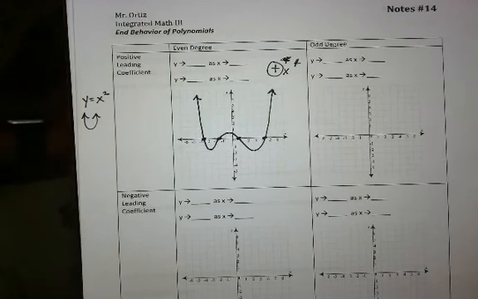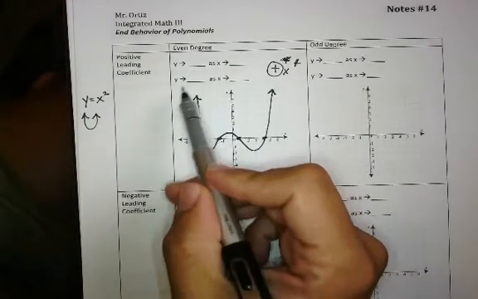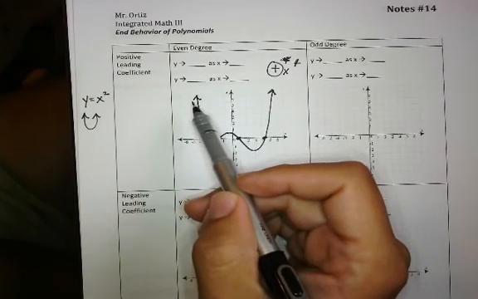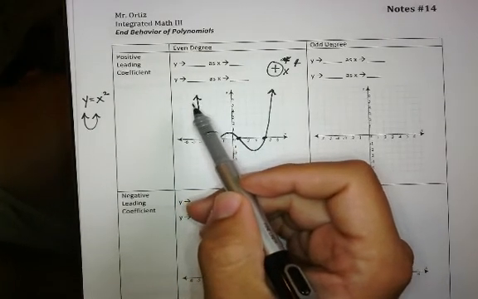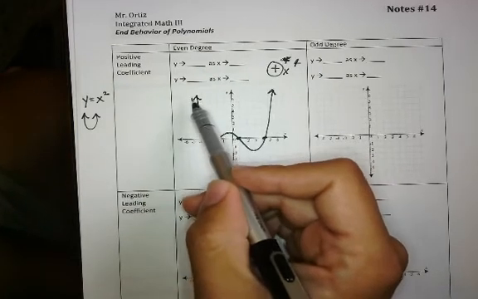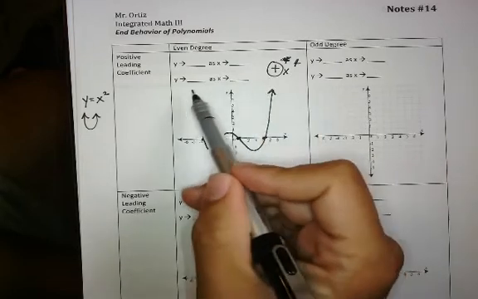And that exponent always represents how many times a graph pretty much goes through the x-axis. Okay? So now looking at this graph on the left side, this is what we call end behavior. And yes, Tyler, if it was negative, it would be flipped face down. But because this is positive, it's flipped face up.